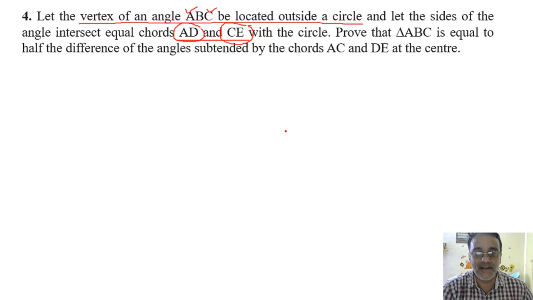B. B, right? It is not given, but you have to identify the point B. B vertex is outside the circle.